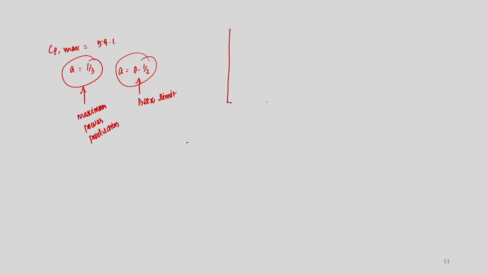If we draw a graph of A versus 0 to 1, this is 0.5. This is the Betz limit, so A can vary from 0 to 0.5, but our maximum Cp happens at around 1 by 3, which is 0.33. That is where your maximum Cp happens. These are non-dimensional coefficients.